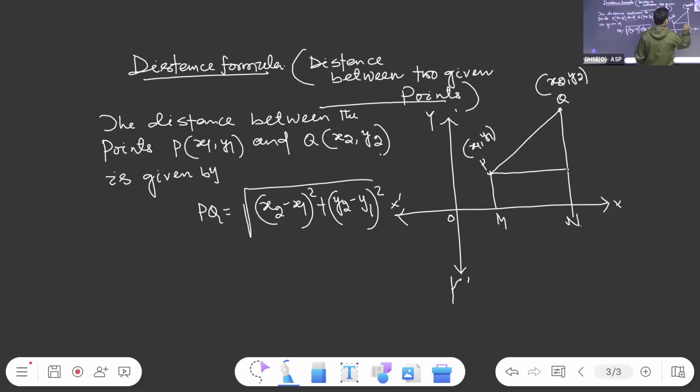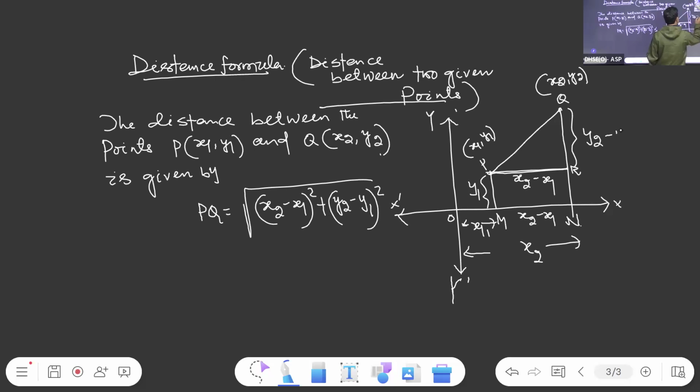And drop another perpendicular from point P upon QN. Let R be the foot of the perpendicular. Since coordinates of the point P are x1, y1, then OM length is x1, and coordinates of Q are x2, y2, so ON length is x2. So MN length is x2 minus x1. Length MN is equal to PR, so PR is equal to x2 minus x1. This length is y1. Total length is y2. So this length will be y2 minus y1.